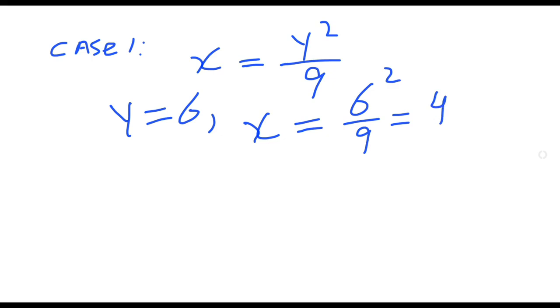Now we need to find the arithmetic progression and the geometric progression when x is equal to 4. So for the arithmetic progression, the common difference is 2. Must remember, we got x value 4 and we got y value 6. Now we're going to find the arithmetic progression.